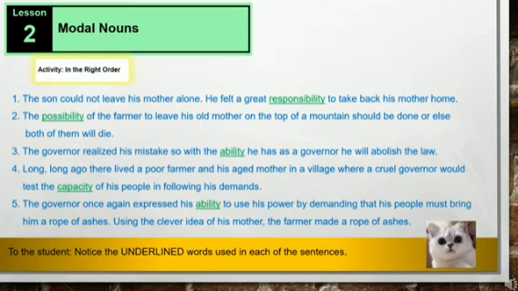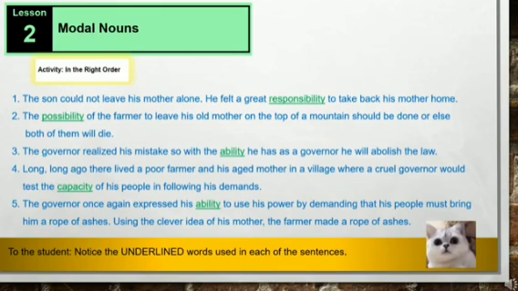To the student, notice the underlined words used in each of the sentences. 1. The son could not leave his mother alone. He felt a great responsibility to take back his mother home. 2.